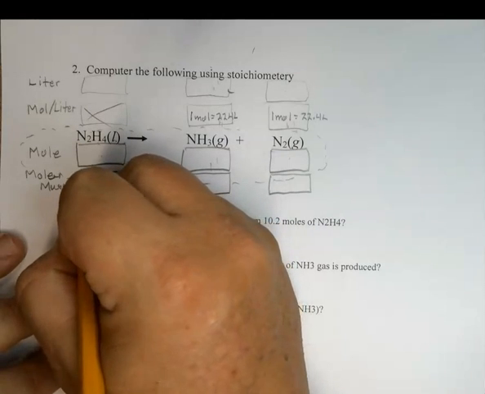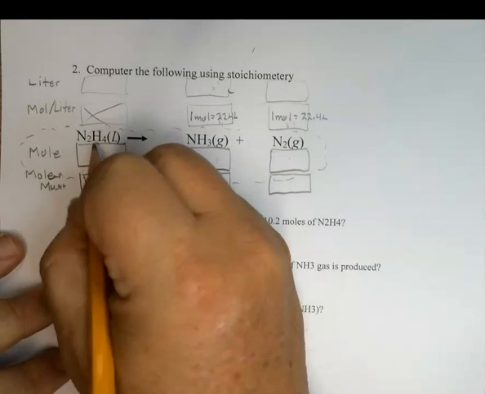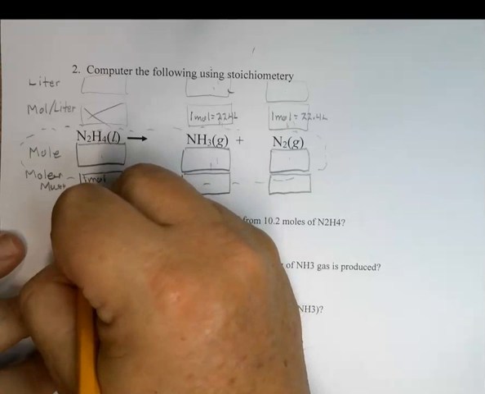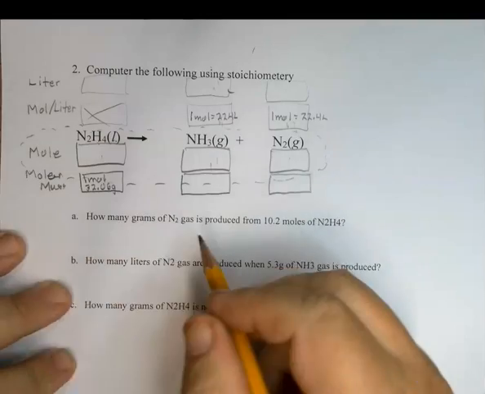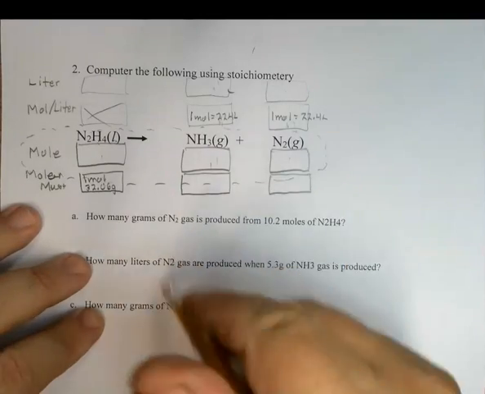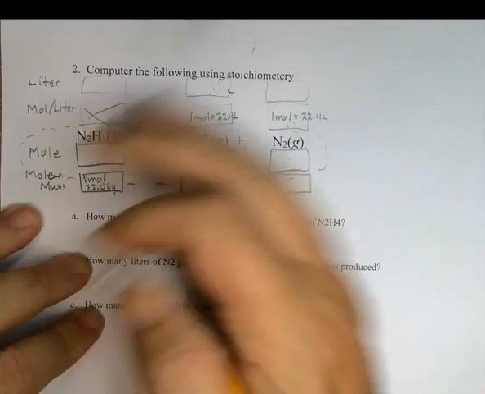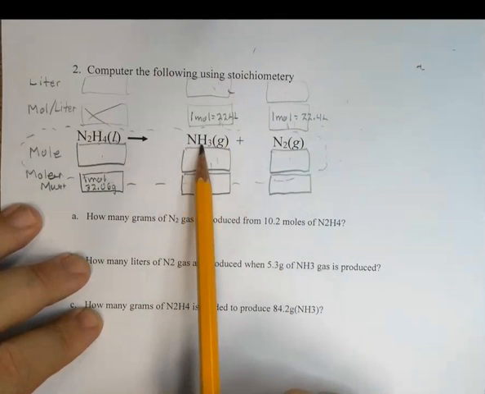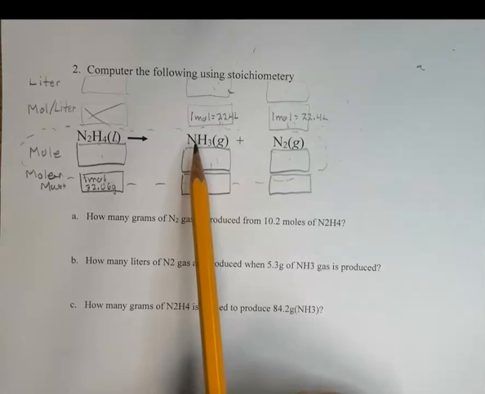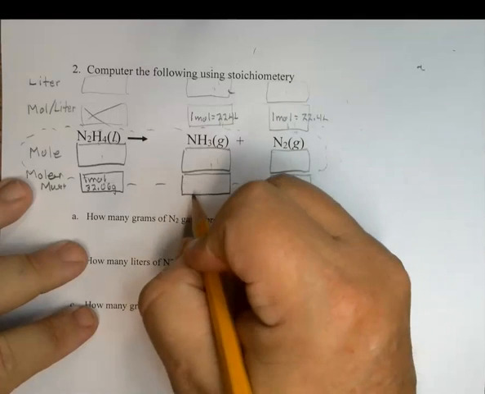So the molar mass is 1 mole of this compound equals 32.06 grams. Okay. For the next one, ammonia. It's going to be 14.01 plus 3.03, and that's going to give you 17.04.